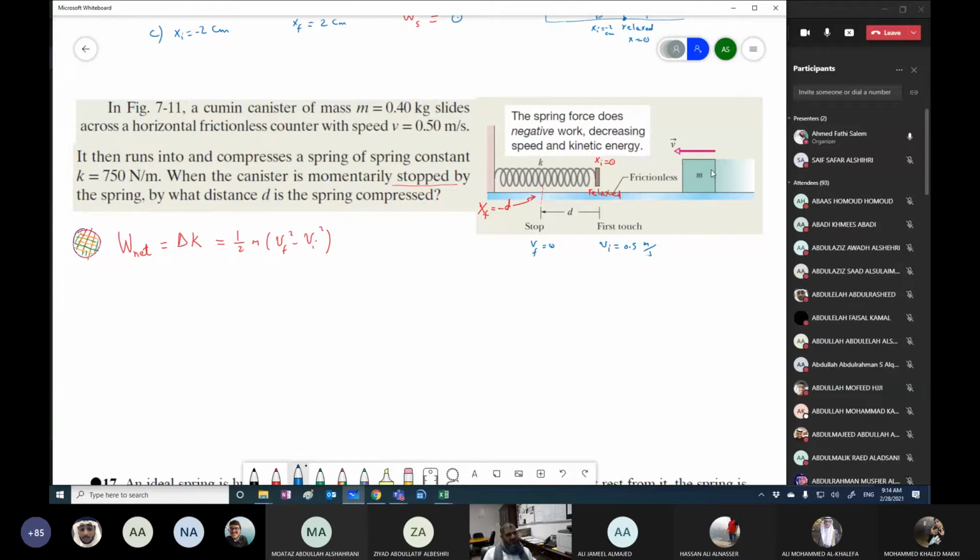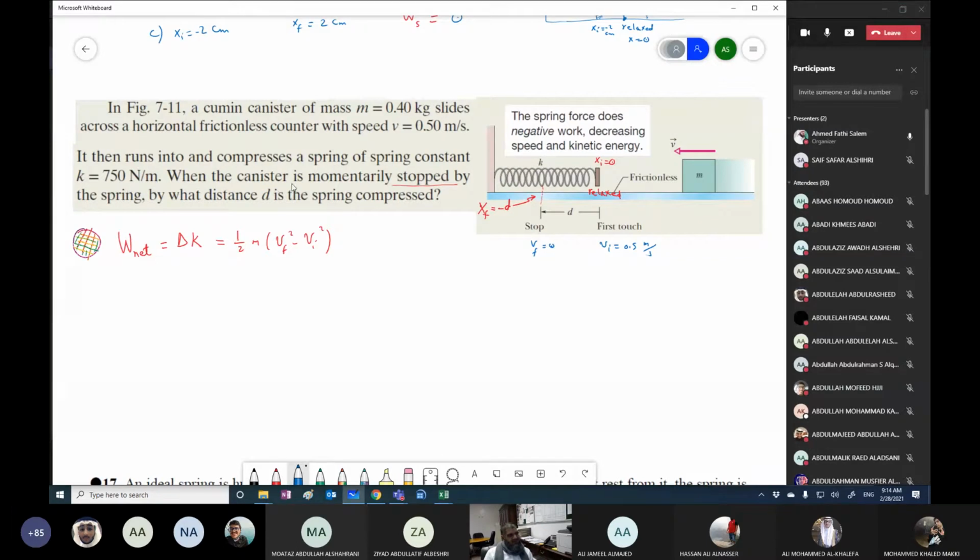So its speed was 0.5 meter per second on this frictionless surface. So its speed will keep constant until it reaches this spring. The spring initially is relaxed, in its natural position. It then runs into and compresses a spring of spring constant k equals 750 Newton per meter.